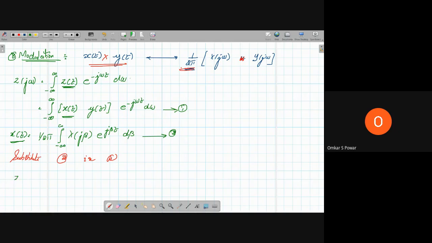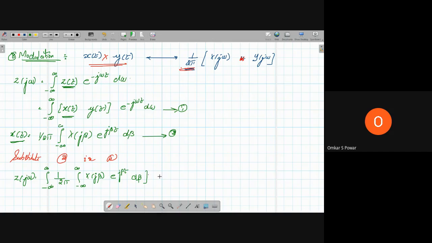So we have Z of j omega, which is equal to the integral from minus infinity to infinity. Now I will substitute this x of t as 1 by 2 pi integral from minus infinity to infinity X of j beta into e power j beta t into d beta.